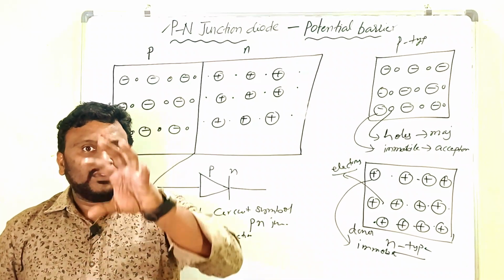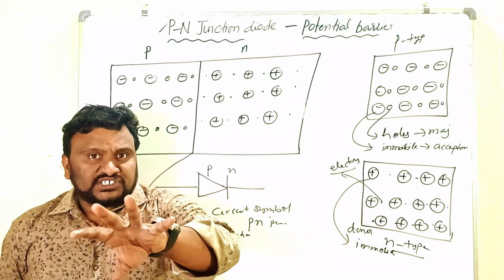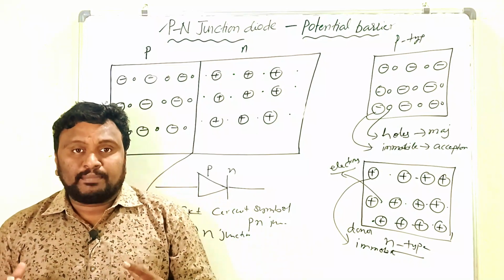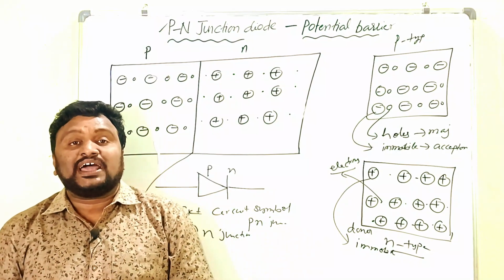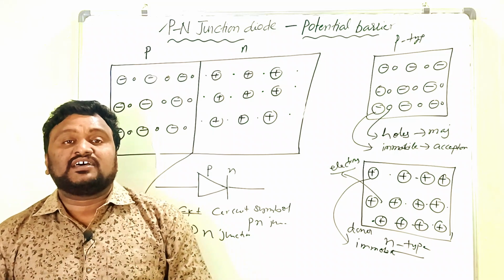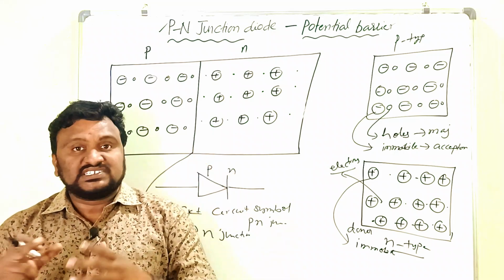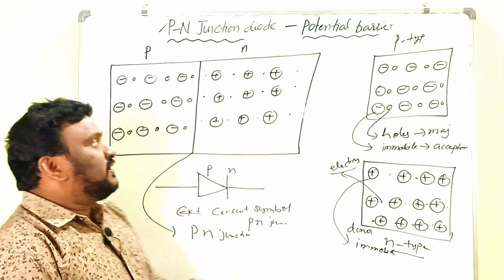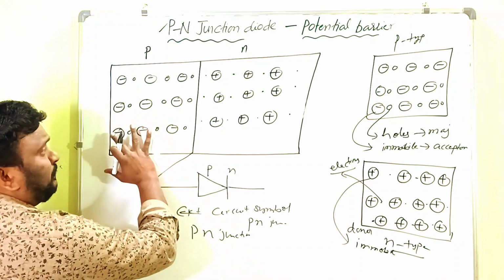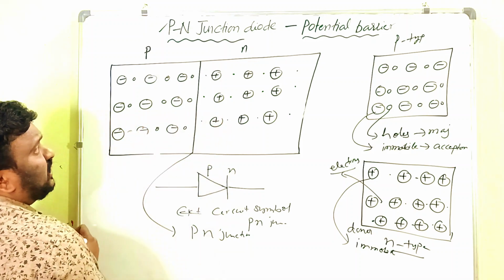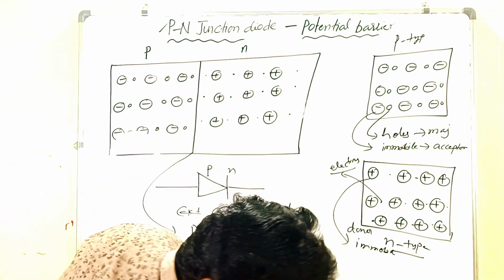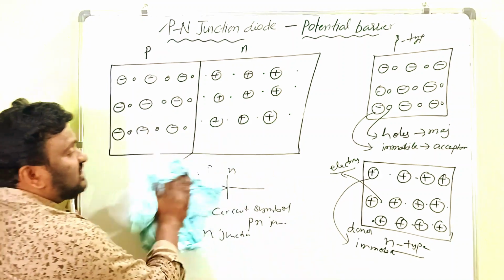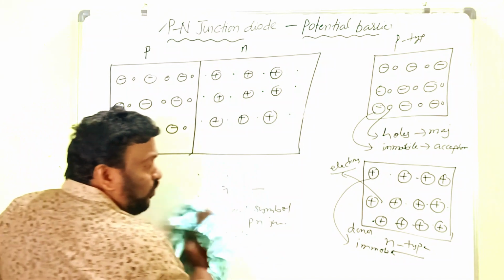Now, when the PN junction diode is formed, what happens and how is the potential barrier formed at the PN junction? Let's discuss here. So children, when p-type and n-type are joined like this, you have to understand the charge of a hole and of an electron.